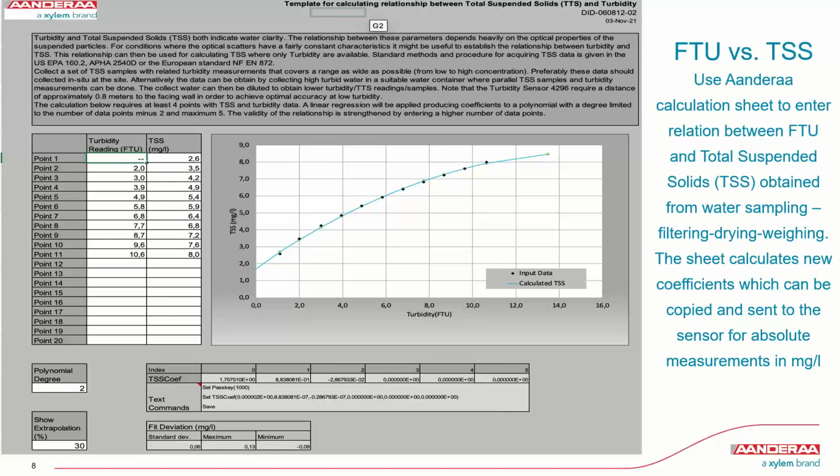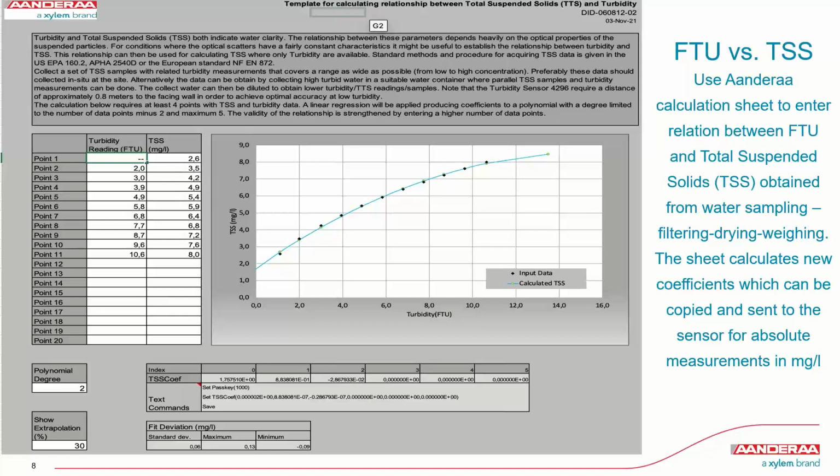So when you work in a site, and if you want this to be fairly accurate, then you need to take water samples, you filter them, you dry the filter, and you weigh the filter before you filter the water on it and after, and then you get your values in milligrams per liter.